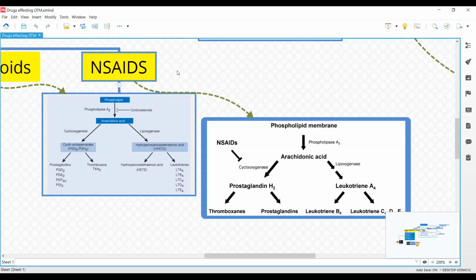Theoretically speaking, this may decrease the inflammation along with decreasing the pain, and so decrease the orthodontic tooth movement. However, practically speaking, the evidence says you need a very high dosage of NSAIDs to produce an anti-inflammatory effect. At mild doses it has an analgesic effect, and at very high doses it has an anti-inflammatory effect.